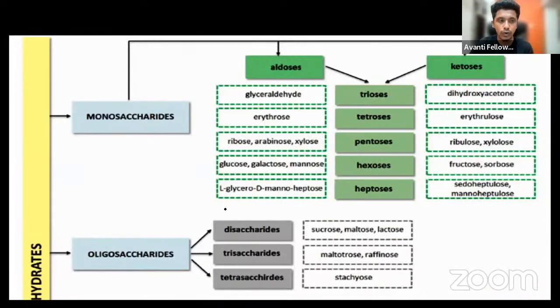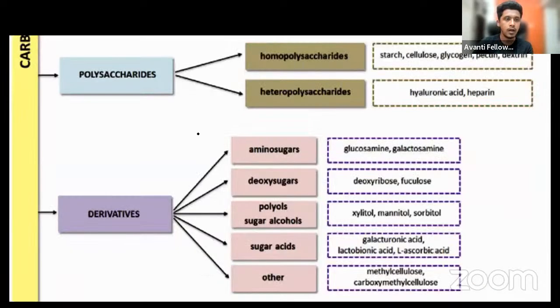What is the meaning of homopolysaccharides? If you take an example of starch, cellulose, glycogen, pectin, or dextrin, they are made up of the same type of sugar repetitions.